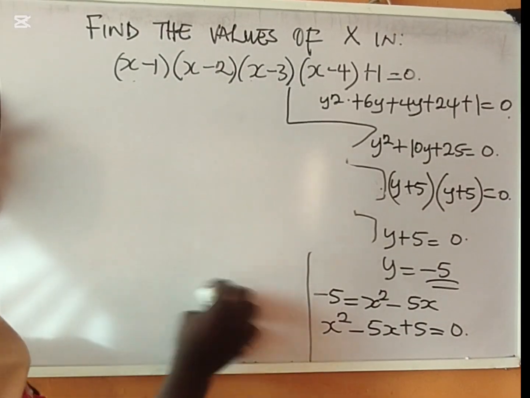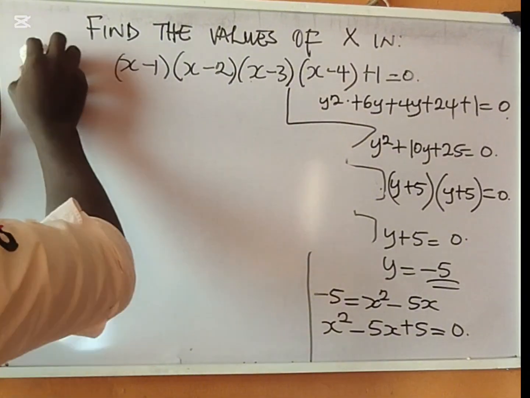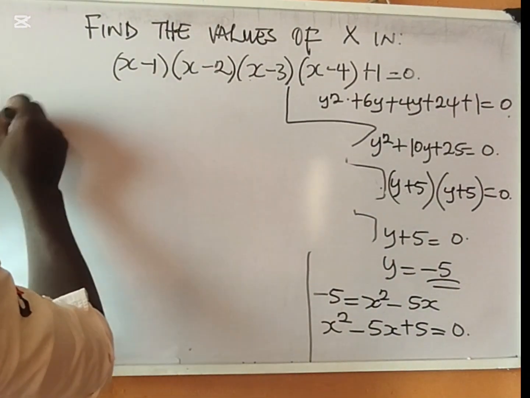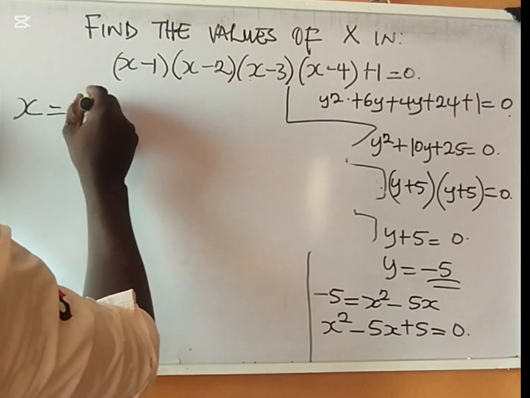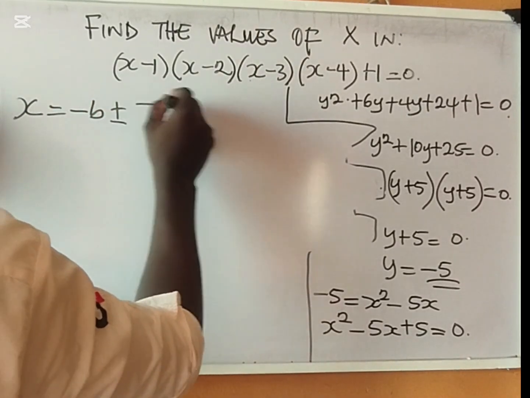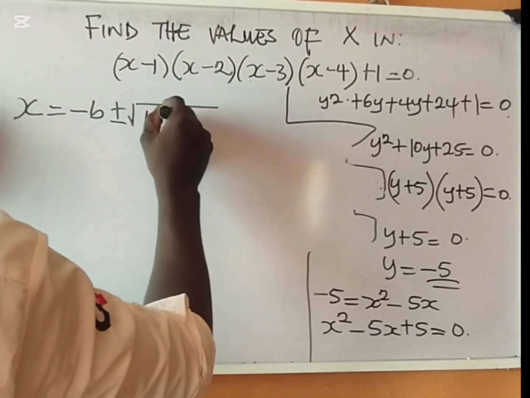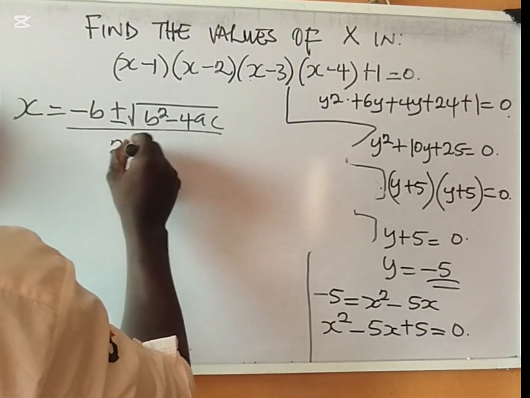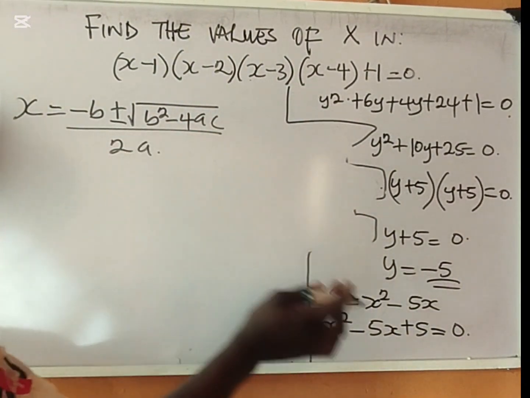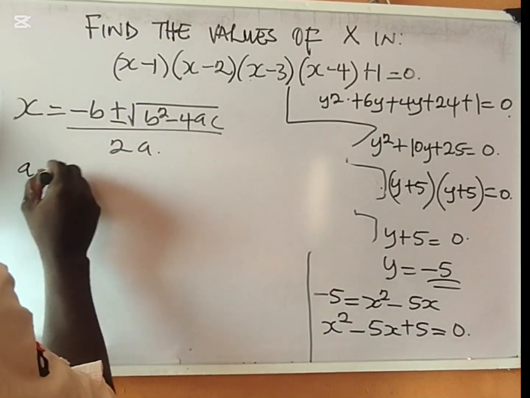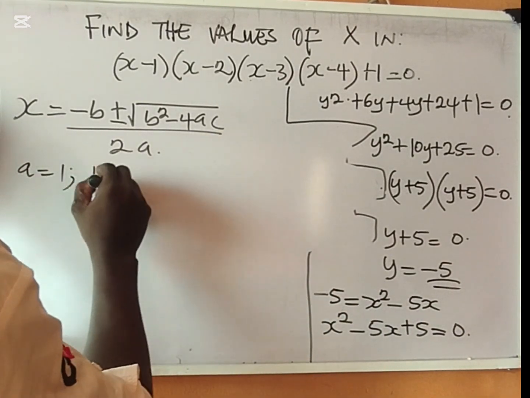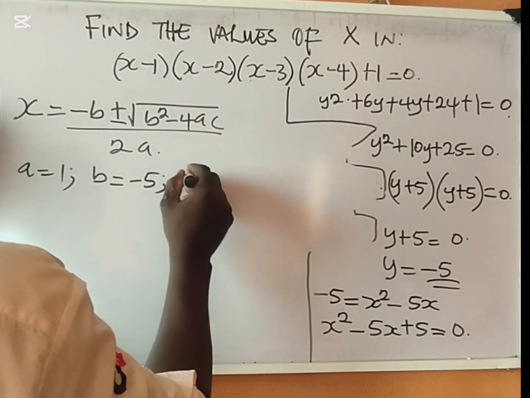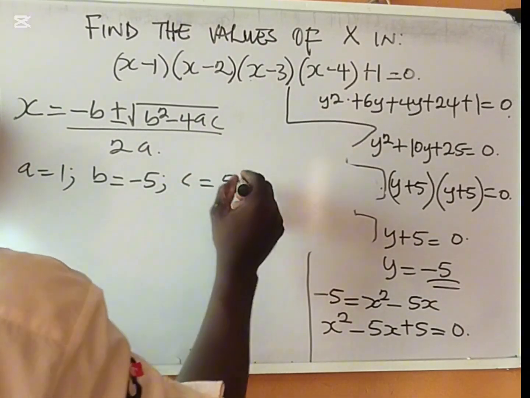We are going to use the formula method, the quadratic formula method. So the formula is x is equal to minus b plus or minus root of b squared minus 4ac divided by 2a. From this equation, a is equal to 1, b is equal to minus 5, and c is equal to 5.